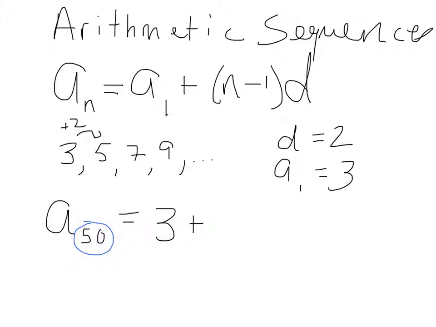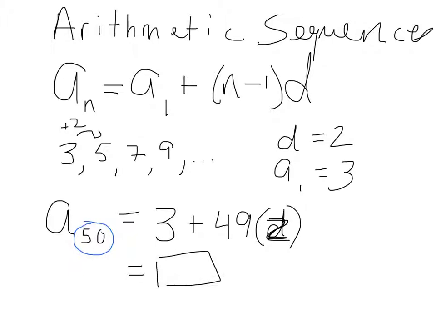That's your n. So in this case, it would be 49, because it would be 50 minus 1, times the difference 2. I don't have a calculator on me, but whatever number that comes out to be from your calculator would be the 50th term without having to write them all out.